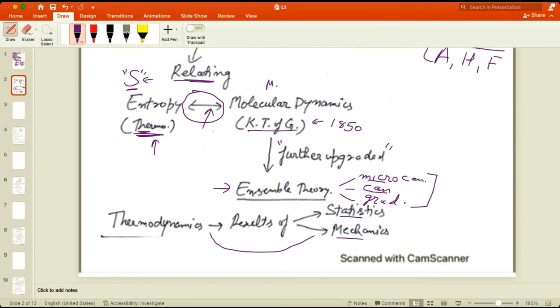The thermodynamics of the system follows if you try to link statistics with mechanics. Statistics is calculating the probabilities of individual particles, the counting of the number of possibilities and probabilities, and mechanics is about the dynamics, how they are moving. If we link them up, thermodynamics is just a consequence of that link. This is how I justify the title of the subject, statistical mechanics.